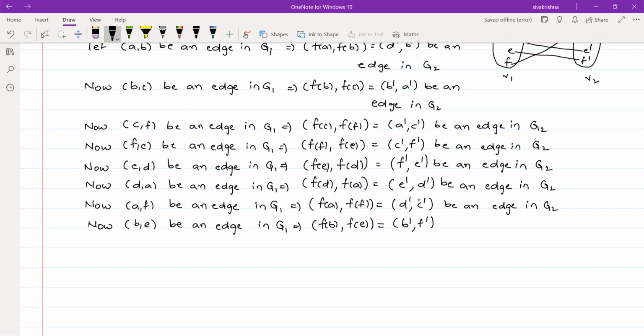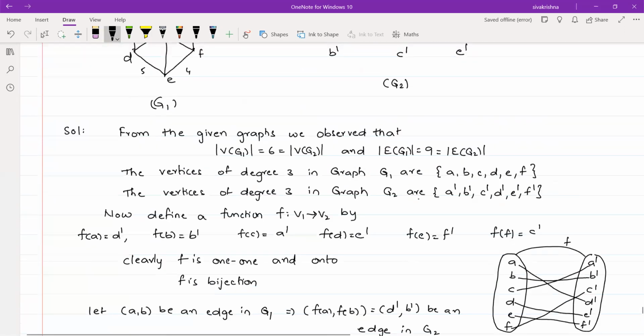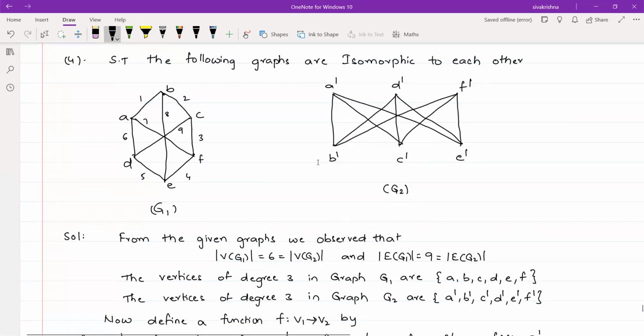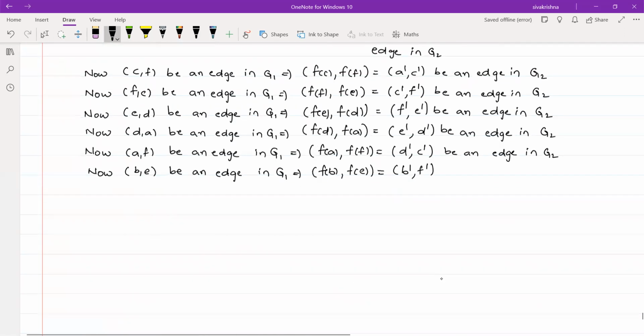Now we have to check whether there is an edge between B dash and F dash in graph 2. Between B dash and F dash we have an edge, so B dash comma F dash is an edge in graph 2.